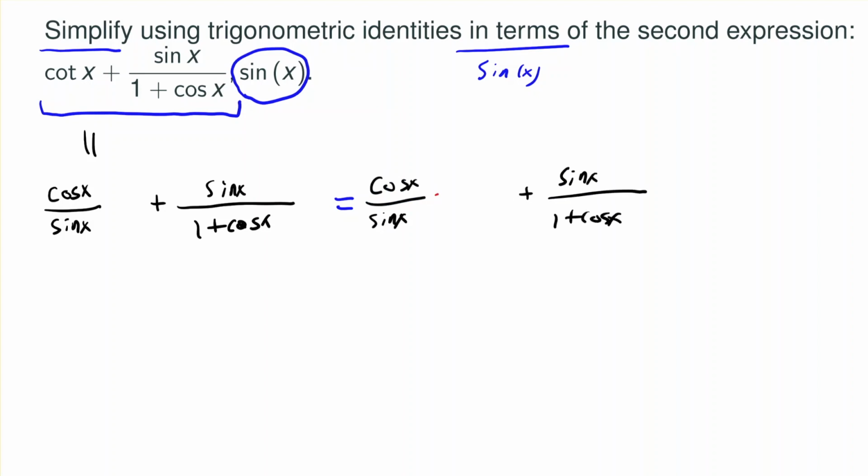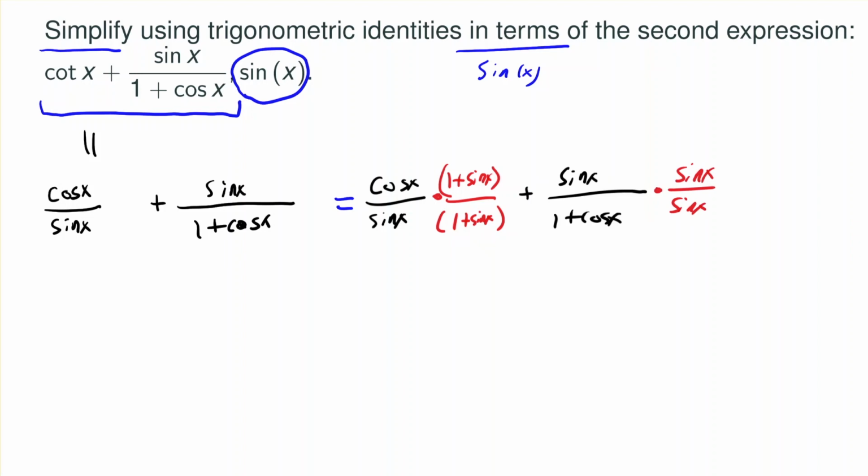I'm going to multiply here 1 plus sine x in parentheses over 1 plus sine x in parentheses. Now this is the same thing as multiplying by 1, so we're not changing the quantity of the expression. We're only making it look different. And here I'm going to multiply by sine x over sine x.